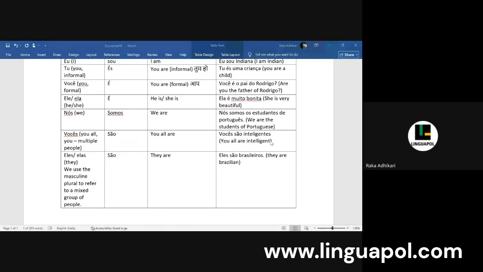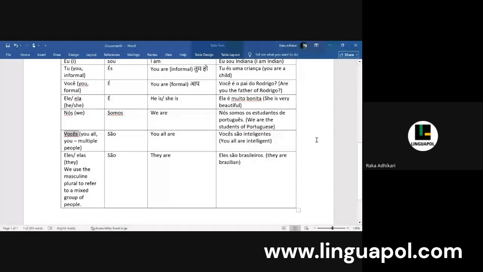That is, if we have a mixed group, we cannot ever use elas. अगर majority भी female है, if in a group of 10 people, nine are women and one is a man, then also we will use eles. If there is even one male in the group, then the whole group becomes eles. So in case of mixed group we'll say eles. In case of only female group, then only we'll say elas, and the conjugation remains são.